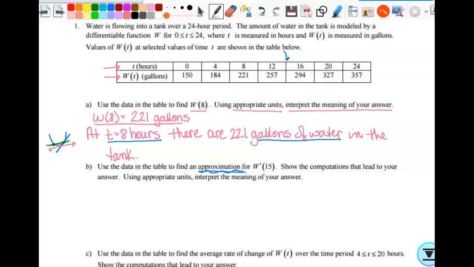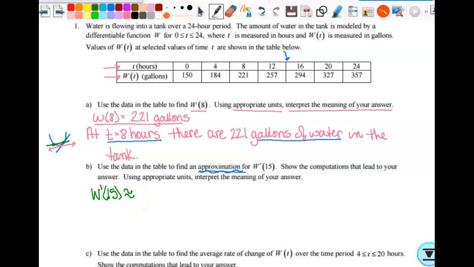Okay? So listen, here's how you know what to do. This is what's important, so you know what to do when I'm not working these with you. If it tells you approximation, you're probably going to have to do an average rate of change. And think about what you want. I want the slope. You know how to find slope, right? So we're going to say W prime of 15 is about, it's an approximation, so it's not an equals.